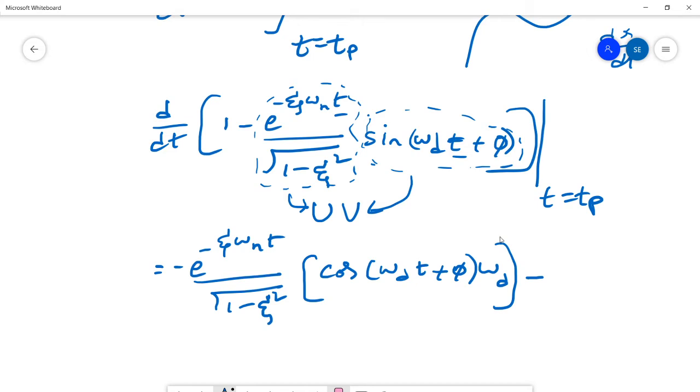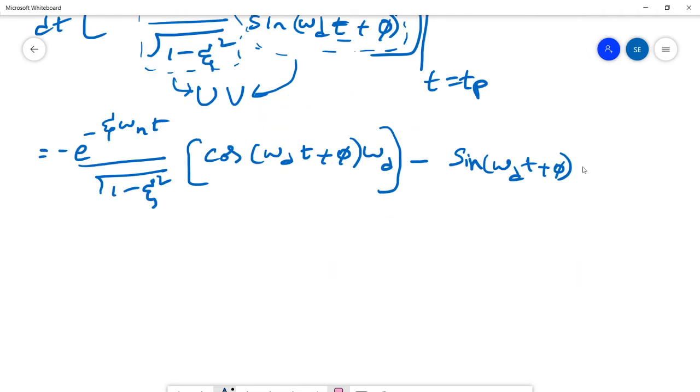Now we have to do this derivative: minus e power derivative of x, e power x is e power x into x. So what we get here is sine of omega d t plus phi, this is v, and what is the derivative of the above term?